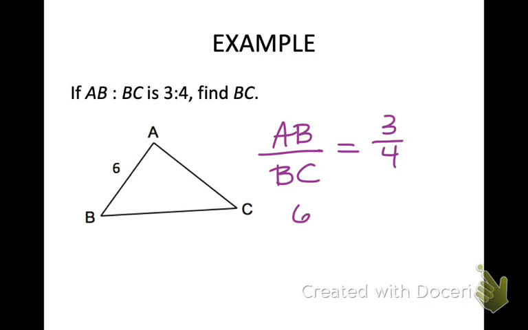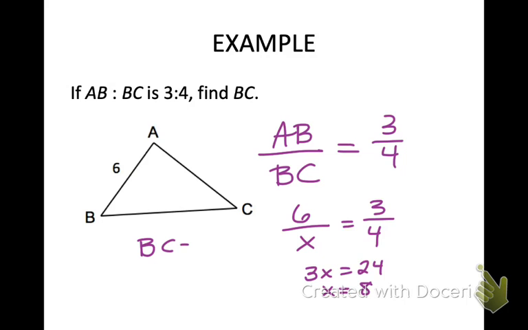Do I know BC? So put an x there, equals 3 over 4. Cross multiplying that gets us 3x equals 24. So x is equal to 8, which means BC is equal to 8. Okay, so you're just doing a whole bunch of proportions and ratios.